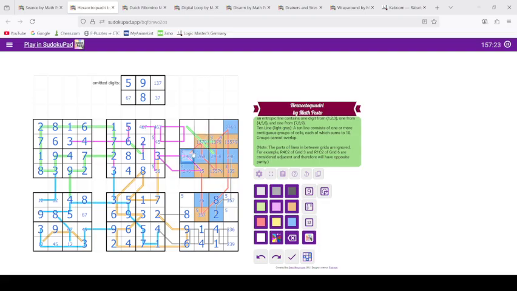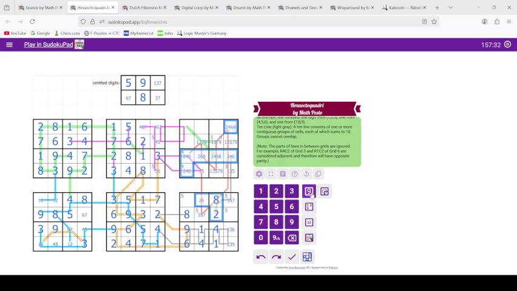Even, odd, even, odd, even. It's just this Jira Whisper line and this Renbet line to do. Of course, with this 10 line being important too.